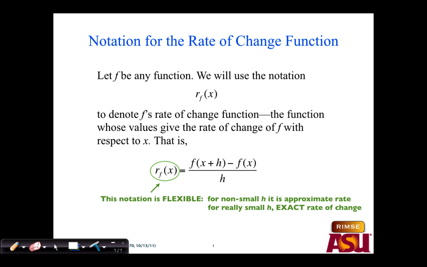And I can imagine that as that h, that horizontal distance, the change in the independent variable, gets smaller and smaller between the 2 points whose difference we're using to model that rate of change, the dy's and the dx's.